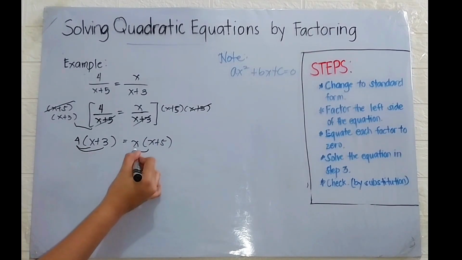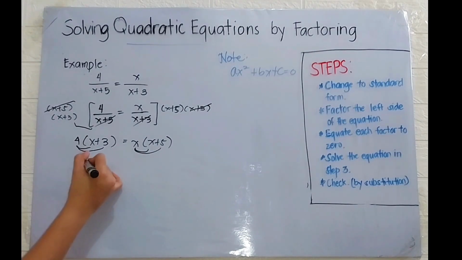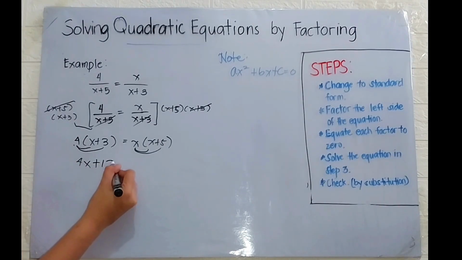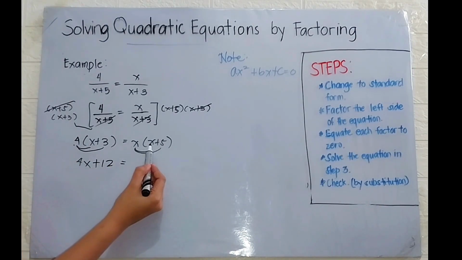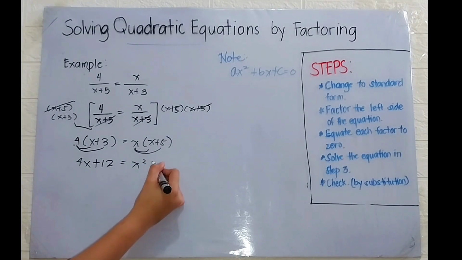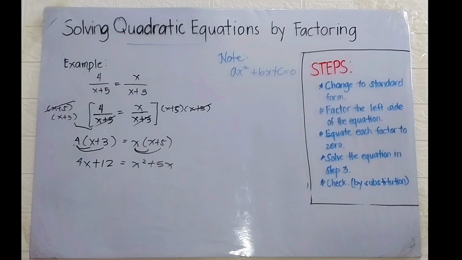each number. Ano po? So, 4 times x, 4x. 4 times 3, positive 12. Equals x times x, x squared. x times 5, positive 5x. Okay. So, now, let's transpose using the APE to make it look like our standard form.